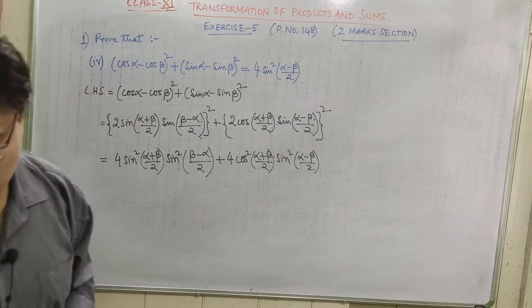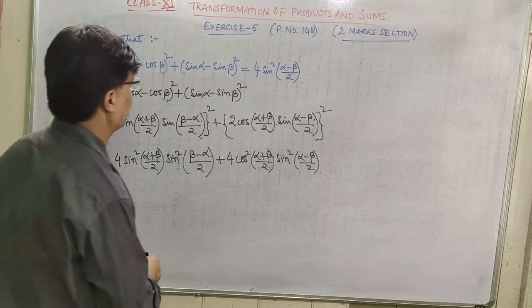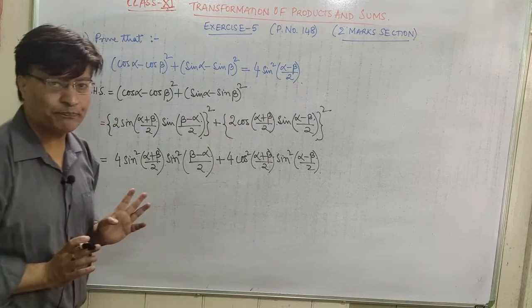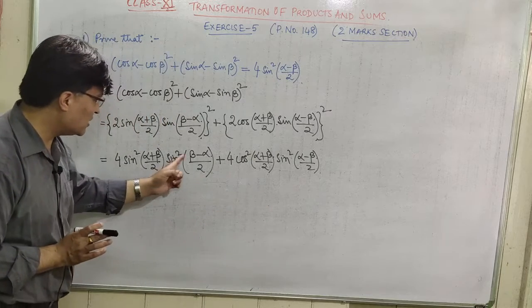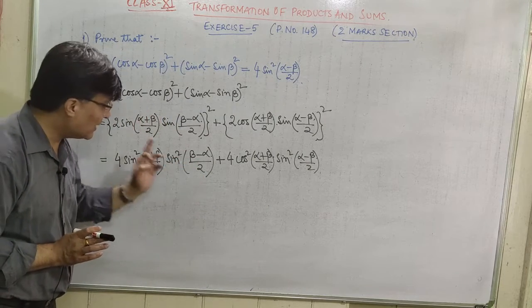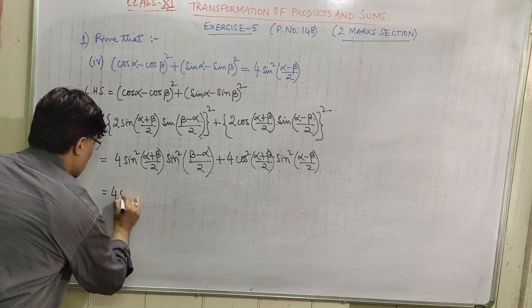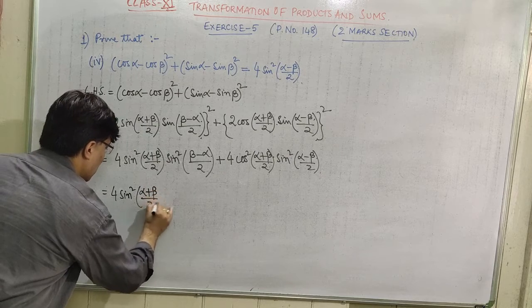So I think you have understood it. So now what will you do in the next step? Since you have to prove 4 sine square alpha minus beta by 2, now there is sine square alpha minus beta by 2, but here it is beta minus alpha by 2. Let us make it alpha minus beta by 2. So which is equal to 4 sine square alpha plus beta by 2.